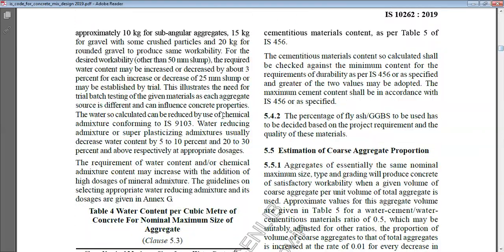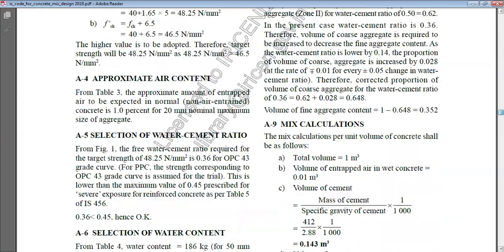Here, if you are using a water reducing agent, you can decrease it by 5 to 10%. If you are using chemical admixtures, you can decrease it by 20 to 30%. In between 20 to 30%, you can reduce if you are using chemical admixtures.